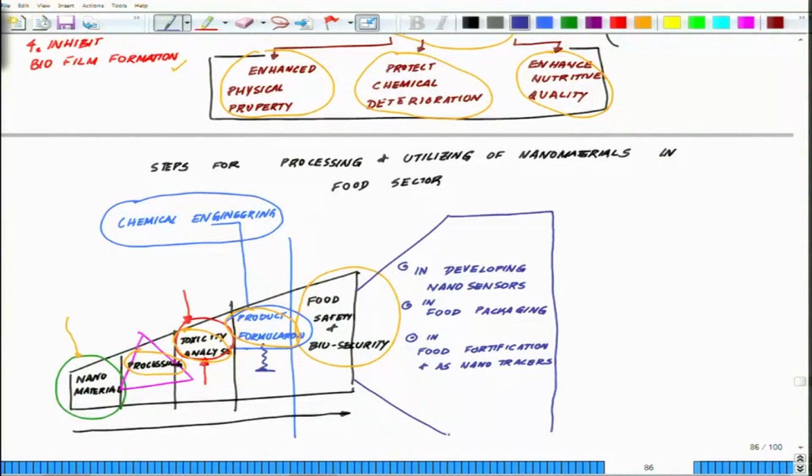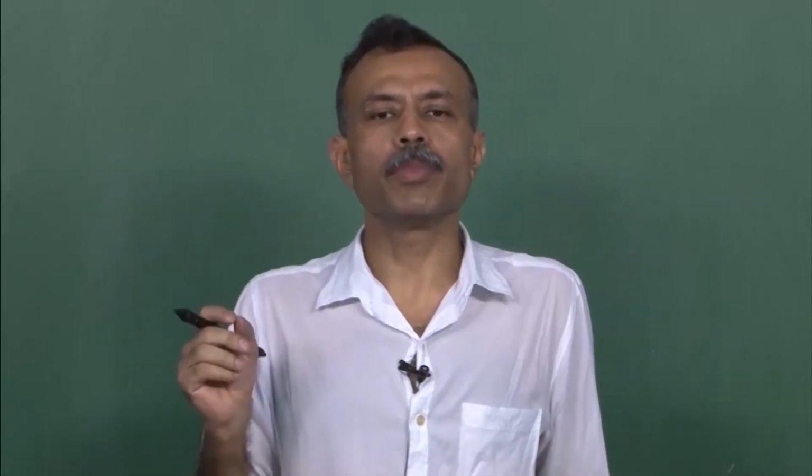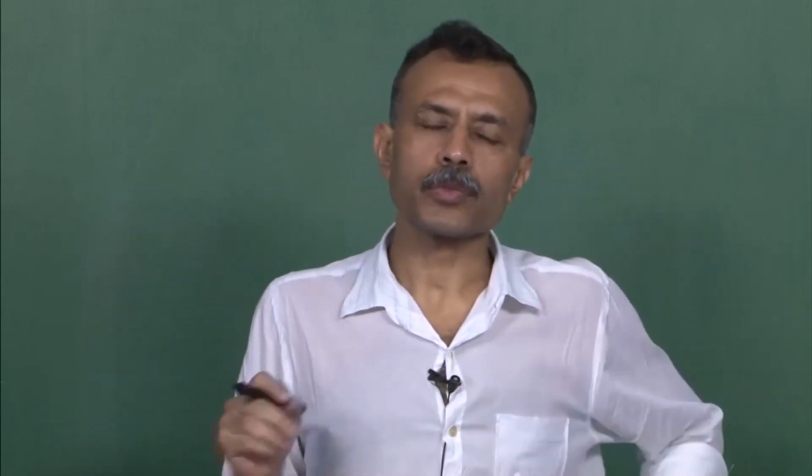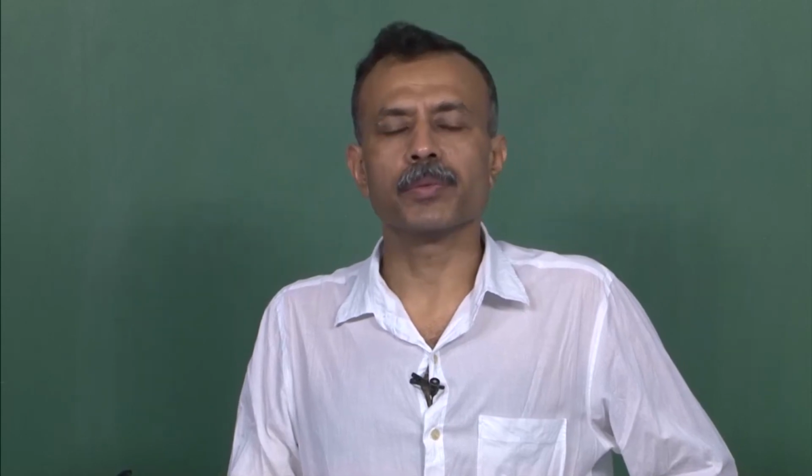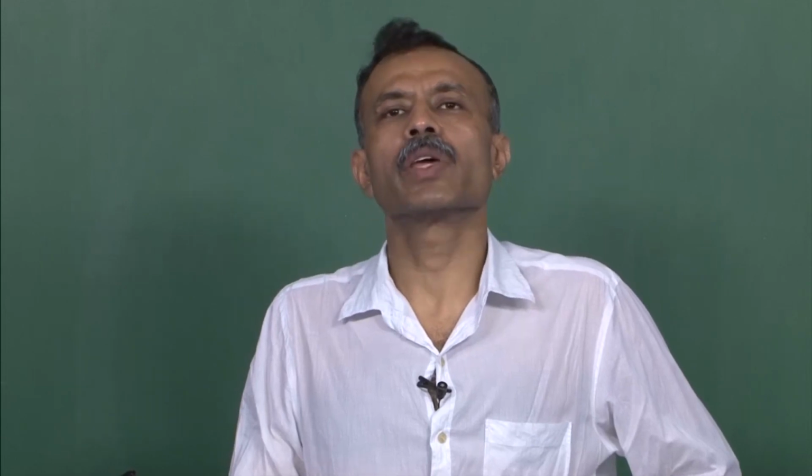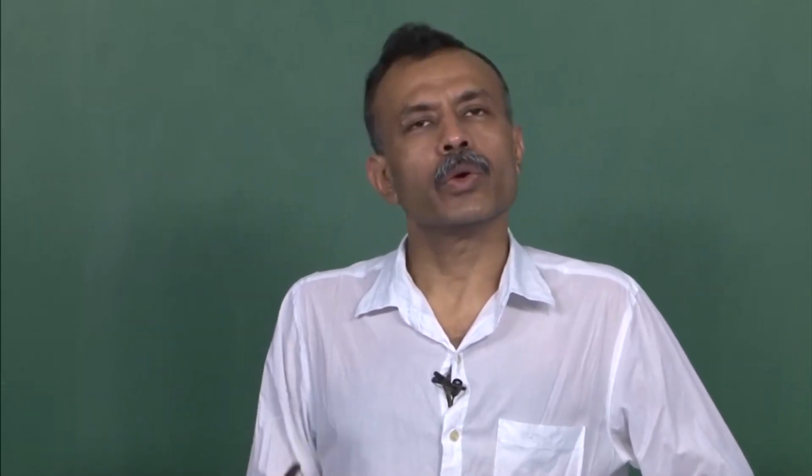Now, when we talk about food fortification, this is one area I haven't talked to you. So, that essentially means that you are supplementing a specific food with some additional functionality. Say for example, suppose you are having a vegetable, you are fortifying it with say vitamin D. In a way, you know that that particular vegetable or that particular fruit is consumed by human being.